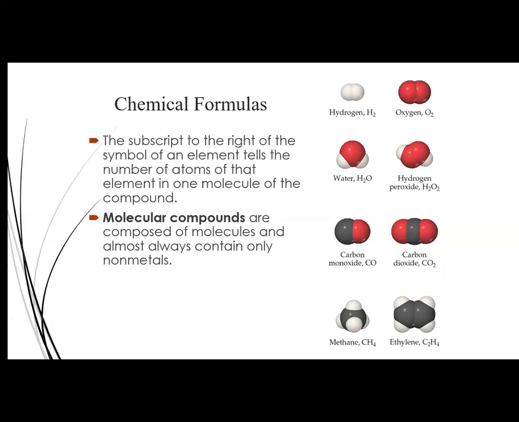Now, for our chemical formulas, molecular compounds are going to be ones where their material is composed of groupings of these atoms. And almost always they're containing our nonmetals. So some materials will show up as a set, like hydrogen.